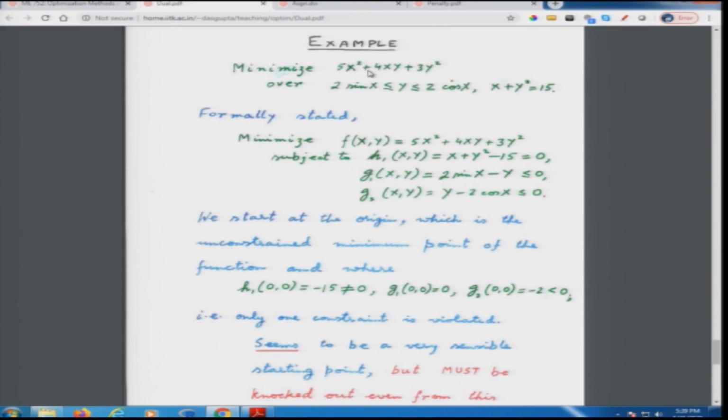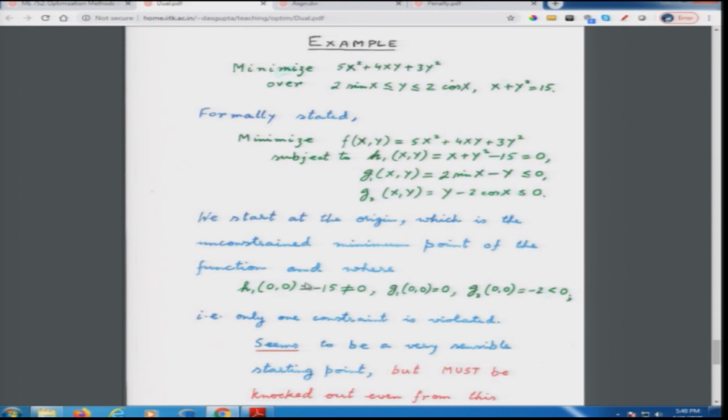That is the best starting point that we can think of, and there if we evaluate the constraint functions, you will find that this equality constraint is violated badly, this one is satisfied at the boundary, and 0 minus 2 is happily satisfied with a margin. This is an inactive constraint.